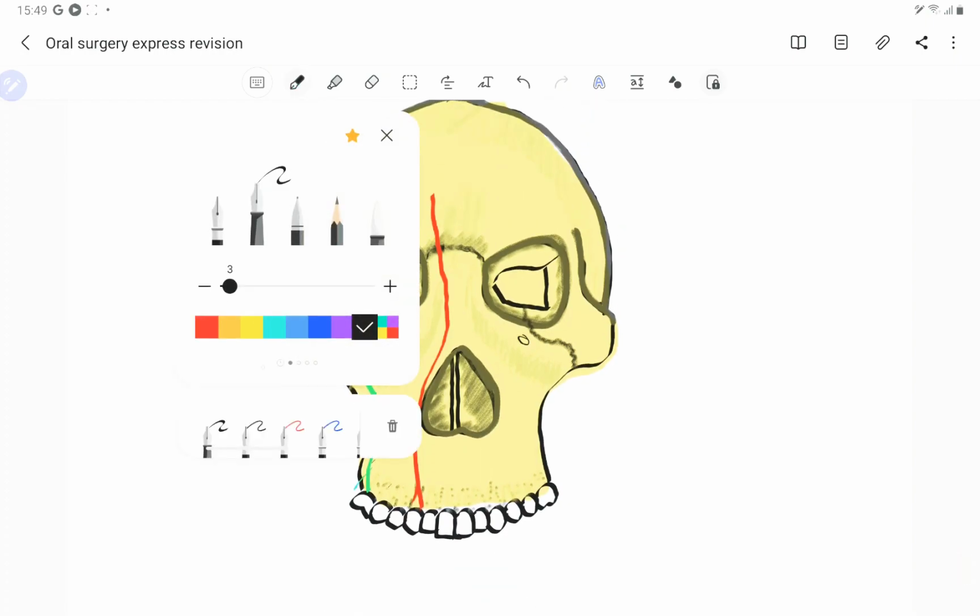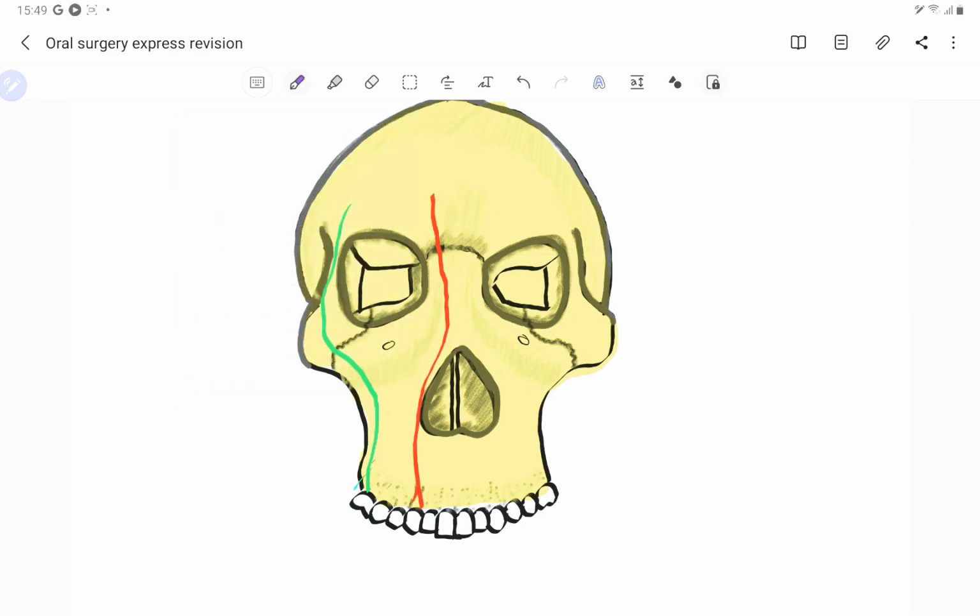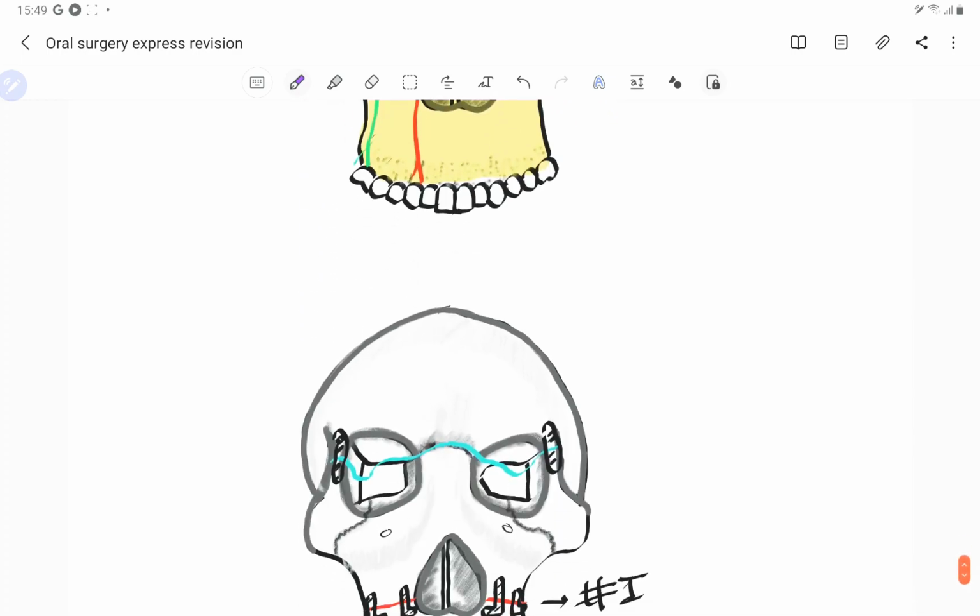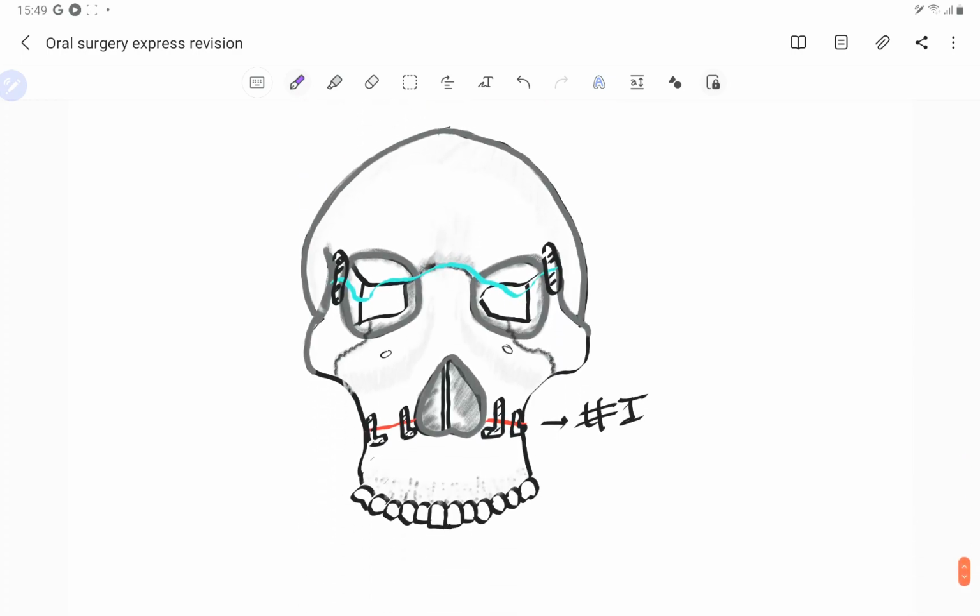The next buttress, these are the vertical buttresses, guys. The next buttress we have is the pterygomaxillary buttress. Now this pterygomaxillary buttress runs from the posterior maxilla to the pterygoid plates. So that I cannot show you, but utilizing that in the Lefort 2 fracture we can use that.